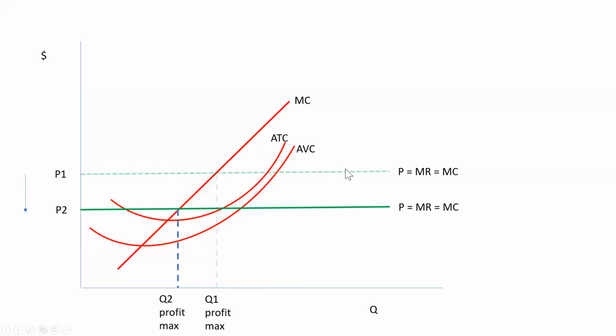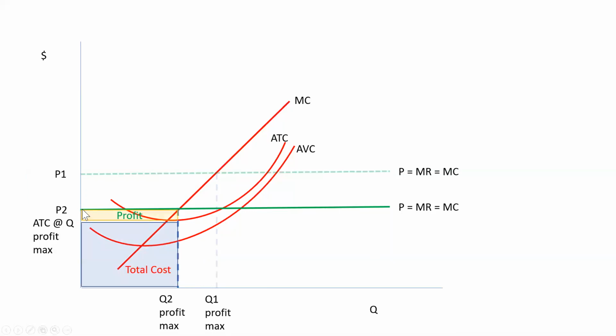Okay. What happens if price falls? Our initial price falls, and we look for a new point where price equals marginal revenue equals marginal cost. We look for this point where the new price line crosses the marginal cost curve, and that's going to be here. So that becomes our new profit maximizing quantity. We shift downward from Q1 to Q2 when price falls from P1 to P2.